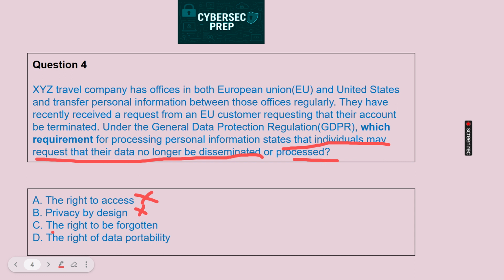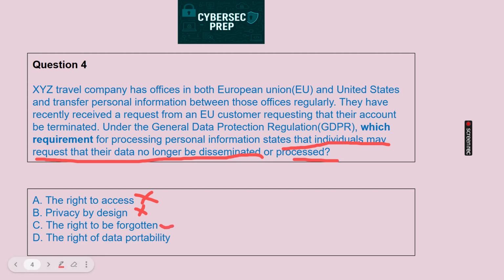The third option is the right to be forgotten. Yes, this looks like a correct option because, as per this option, the right to be forgotten is a fundamental right of individuals where they can ask their controller. Controller means the organization or entity which has control over their data and is using the data of the individual for some purpose. The right to be forgotten gives them a fundamental right that they can withdraw the consent for which they have given their data, and thereby the controller has to erase their data entirely from their systems.